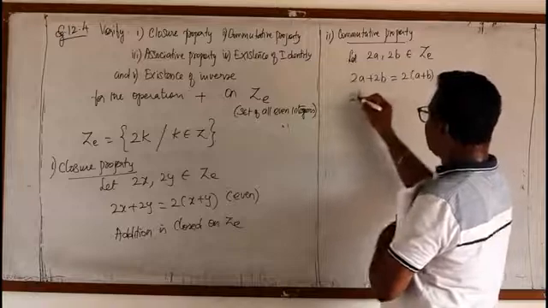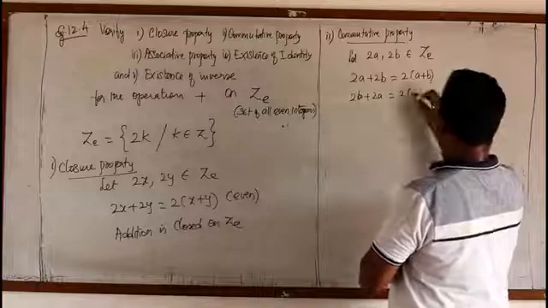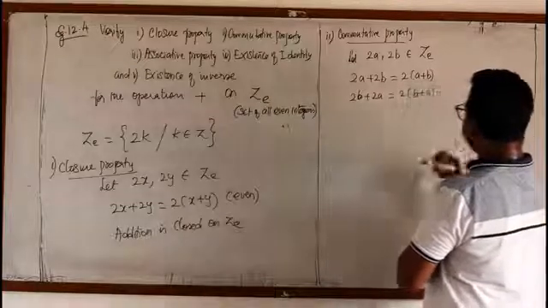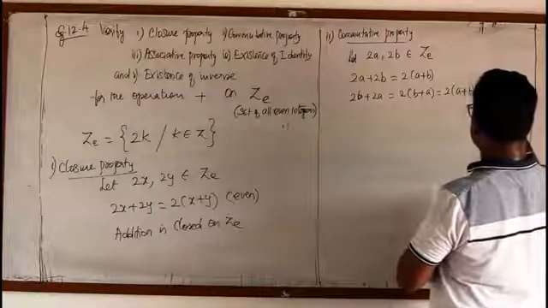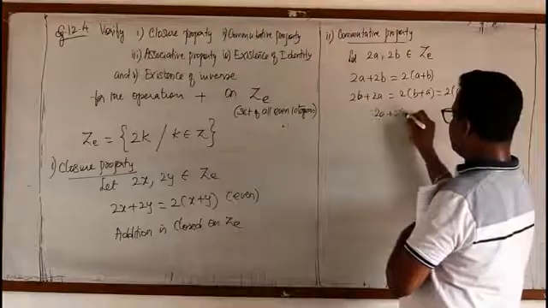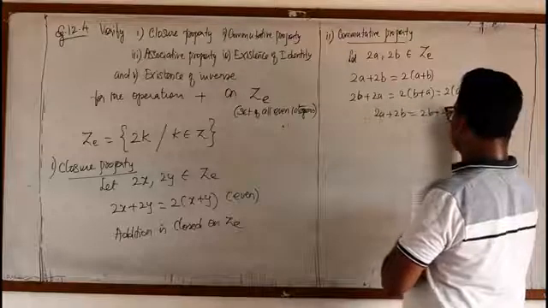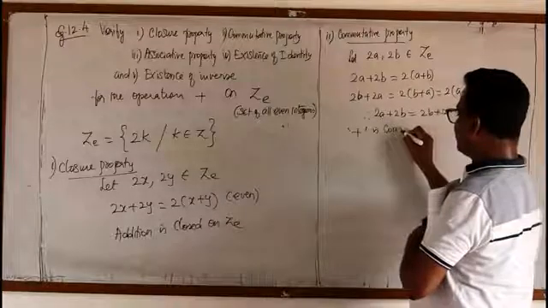Now 2b plus 2a becomes 2 into b plus a. I can write it as 2 into a plus b, which is equal to 2a plus 2b. Therefore, 2a plus 2b equals 2b plus 2a. Therefore, plus is commutative.